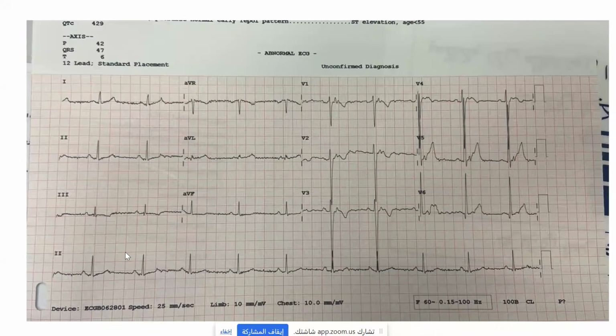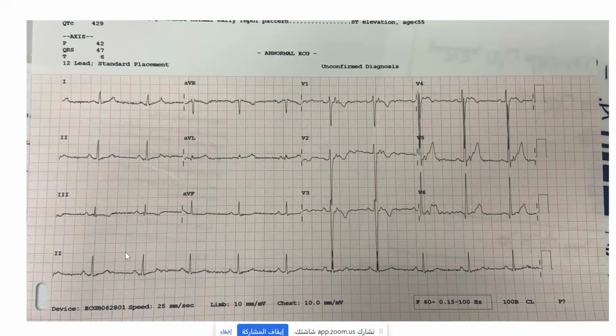By the way, it is a bit of a tough ECG. It's not an easy ECG. Anyone, and I will help.